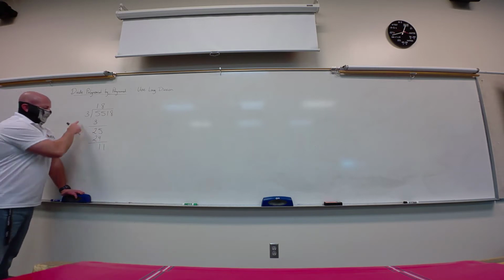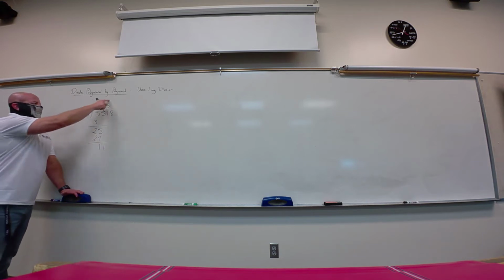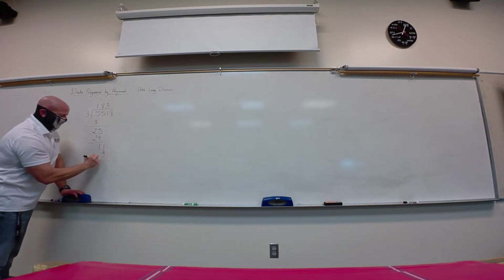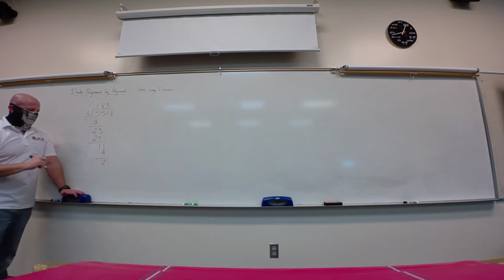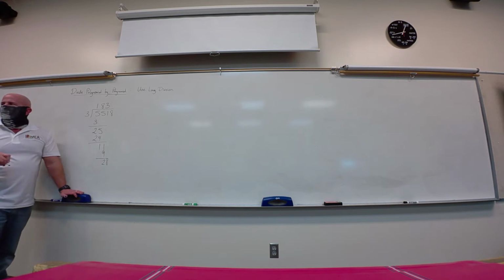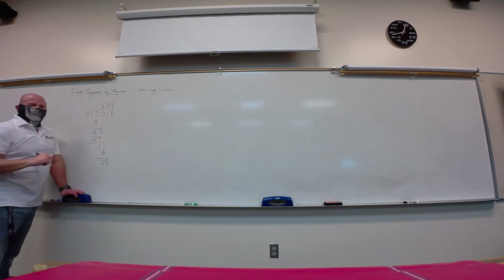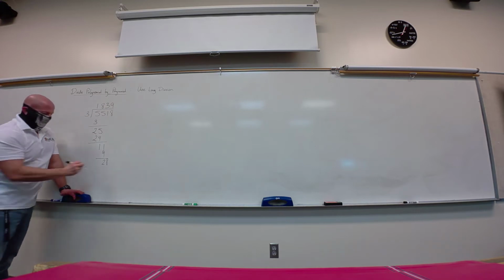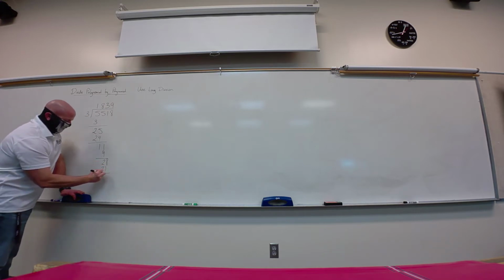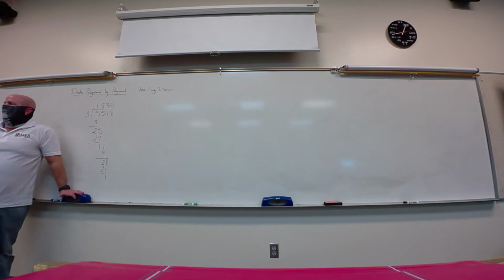Repeat. 3 goes into 11 3 times. 3 times 3 is 9. Subtract, 2. Bring down 8. Repeat. 3 goes in there 9 times. So 3 times 9 is 27. Subtract, 1. Stop. And 3 doesn't go into 1.